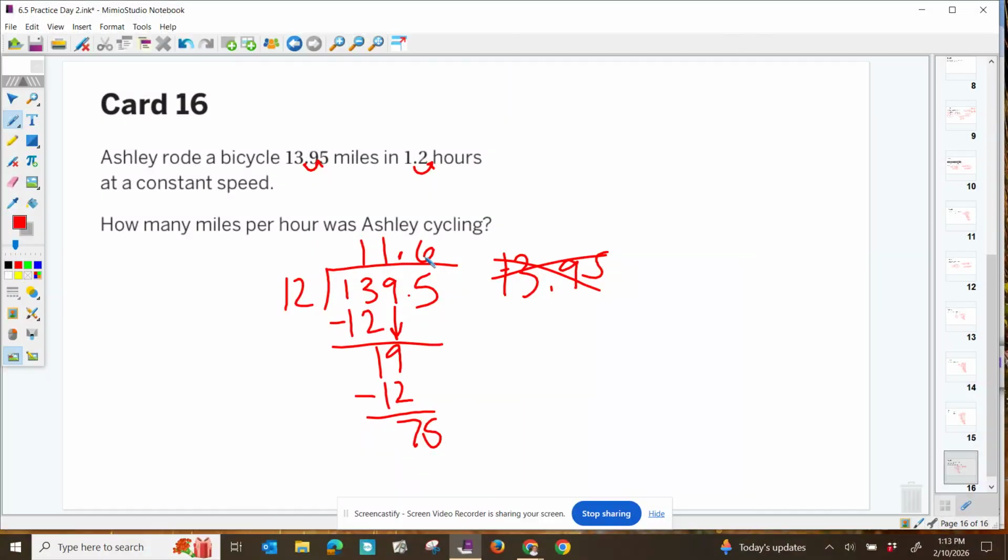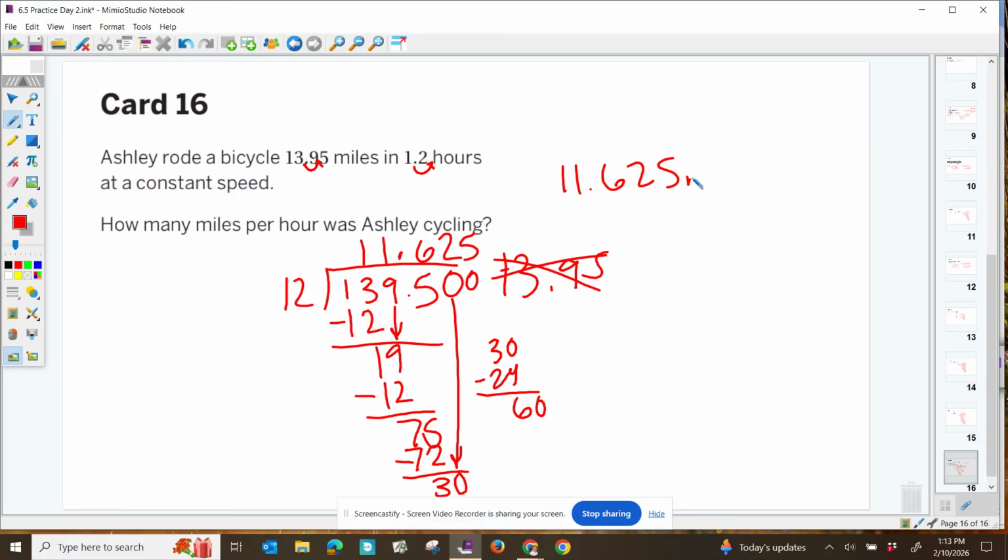Let's say 6 is a 72, and 3, if I bring down the 0, is a 2. So 30 would be 24. Subtract it a 6, add another 0 at the end, put it down there, and 5. 11.625. How many miles was she cycling? 11.625 miles per hour. 11.625 mph.